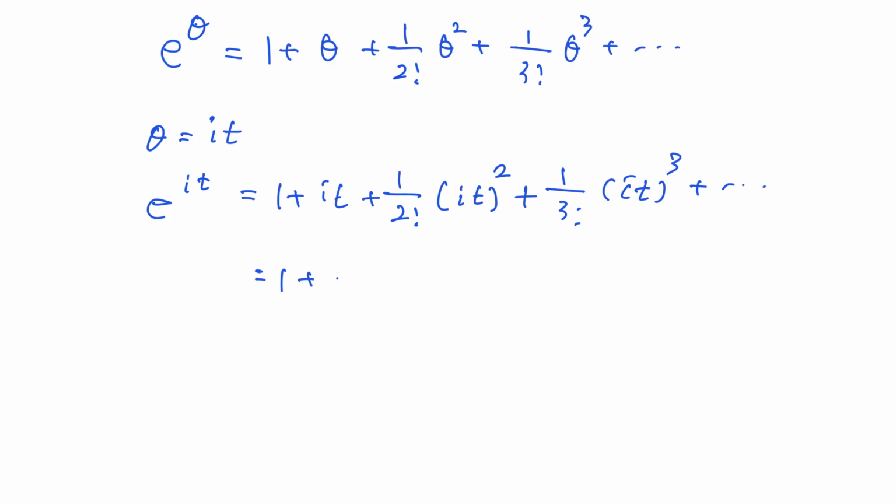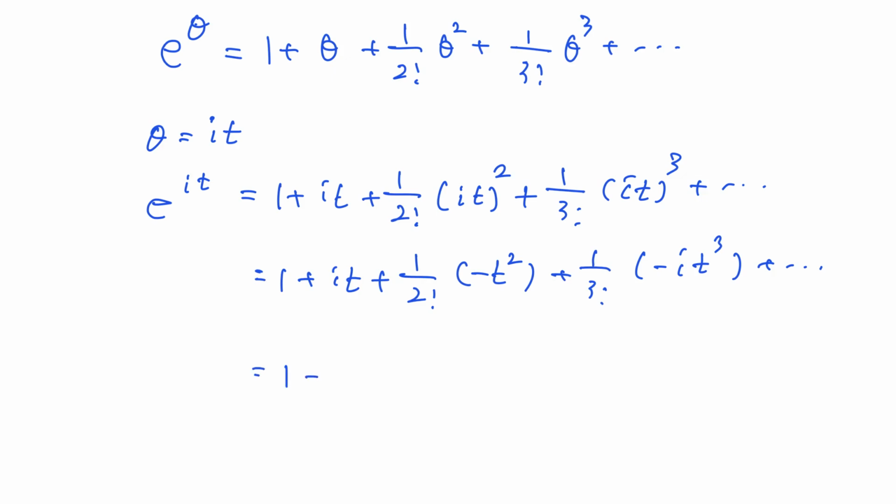So 1 plus it plus 1 over 2 factorial it squared is minus t squared, right? Plus 1 over 3 factorial minus i t cubed. So that is 1 minus t squared over 2 factorial plus i times t minus t cubed over 3 factorial plus and so on.